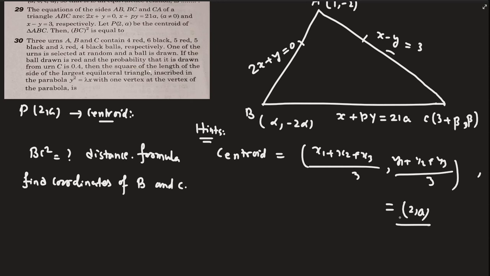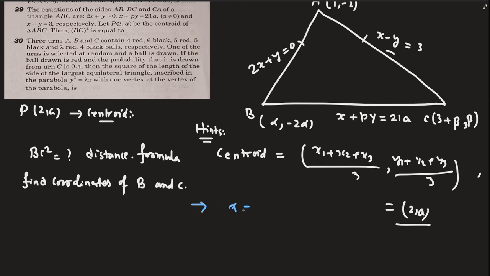If you make them equal to 2 and a, you will get some equations, and if you simplify, you will get the relations. So now after solving, some results you will get. Okay, now just do the calculations.